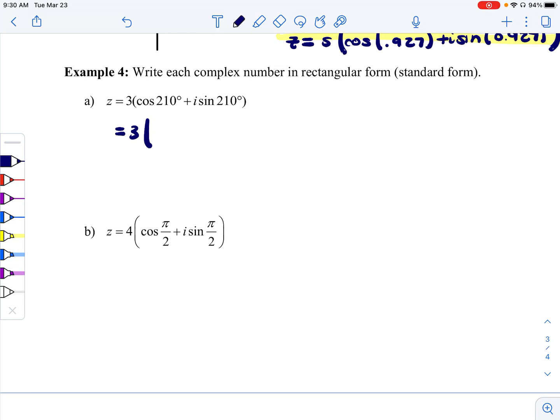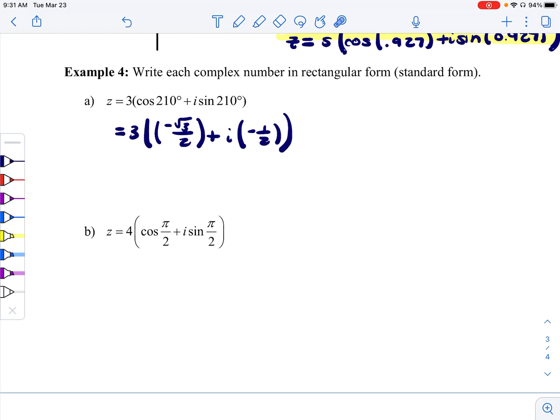So we just need to evaluate our trig functions at 210 degrees. Well, that's easy enough. That's a unit circle angle. So cosine of 210 degrees is negative root 3 over 2, and sine of 210 degrees is negative 1/2.